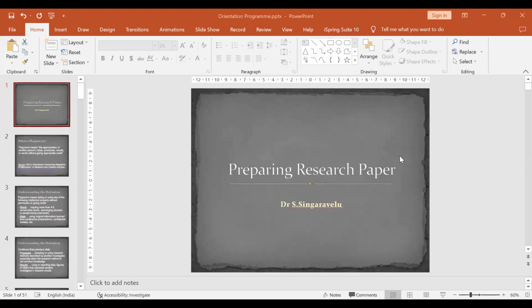As a teacher, we are doing a lot of innovations, knowingly or unknowingly, in school as a part of our work. So how to document whatever we are doing in school, that is what I'm going to discuss in the second part.